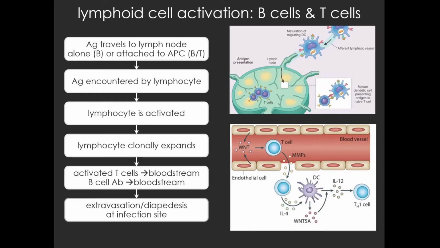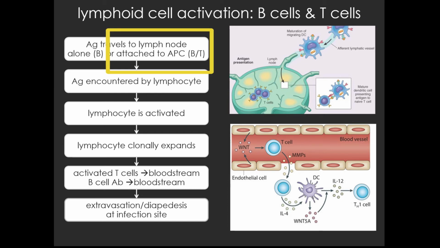You'll remember that process of clonal expansion and activation again starts with the antigen traveling to the lymph node. We talked about the fact that that could happen independent of T cells with our B cell activation, right? Either the pathogen itself can come and present antigen sort of accidentally, or a macrophage or dendritic cell can present antigen to the B cell.